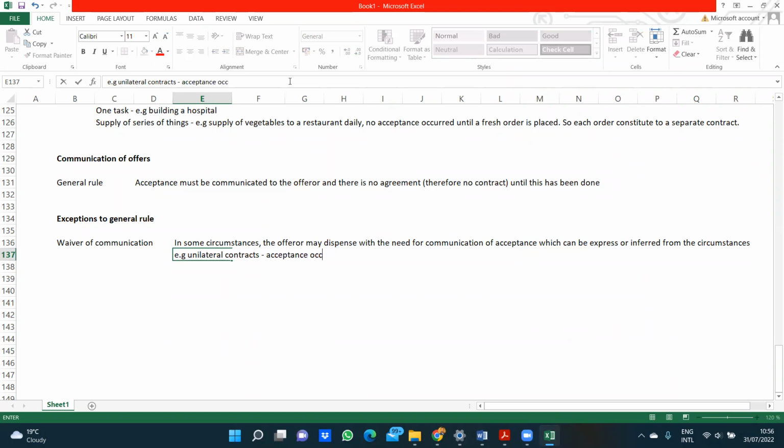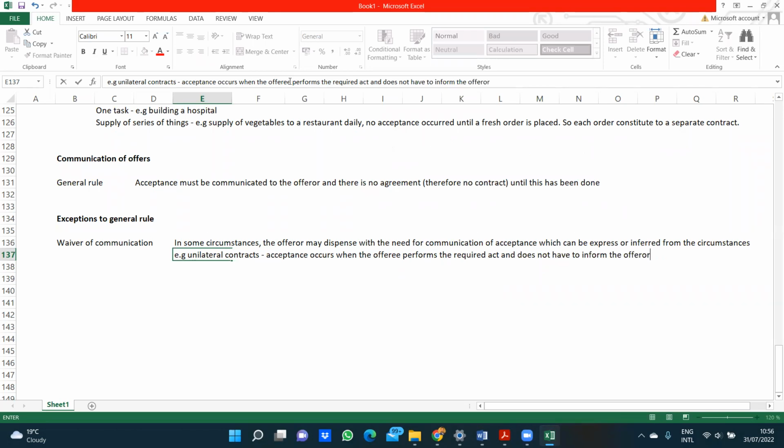Acceptance occurs when the offeree performs the required act and does not have to inform the offerer.